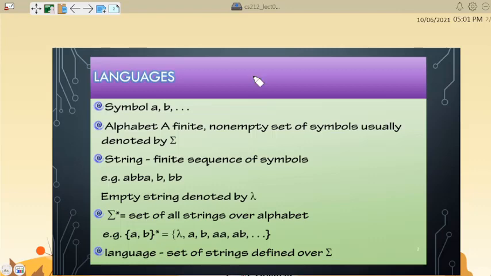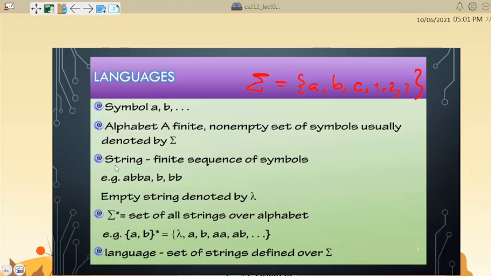For example, if we say sigma equals A, B, C, 1, 2, 3, that is our alphabet, and in our language we can only use the symbols A, B, C, 1, 2, 3.